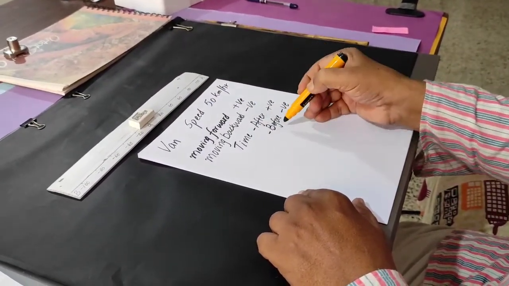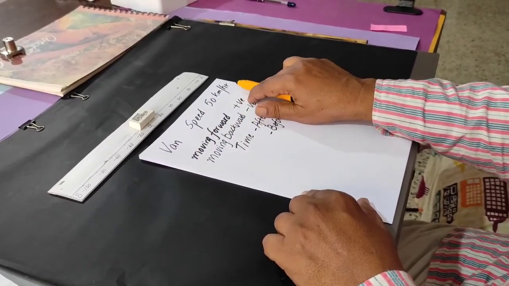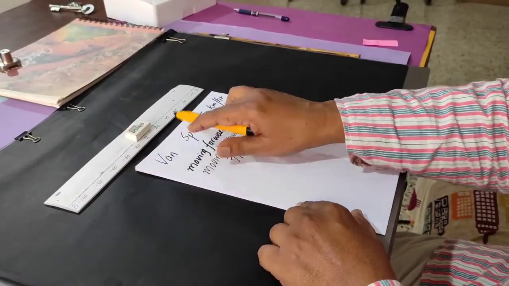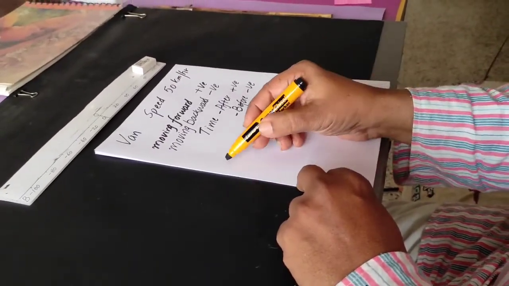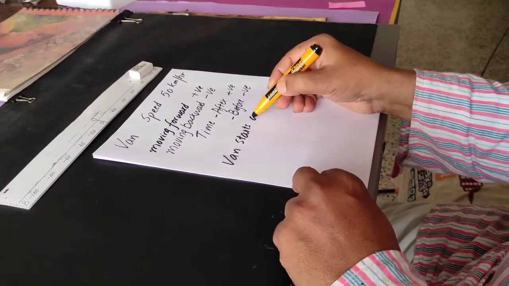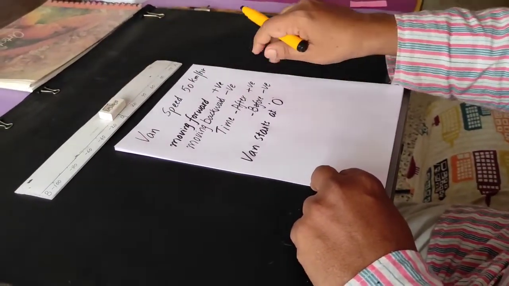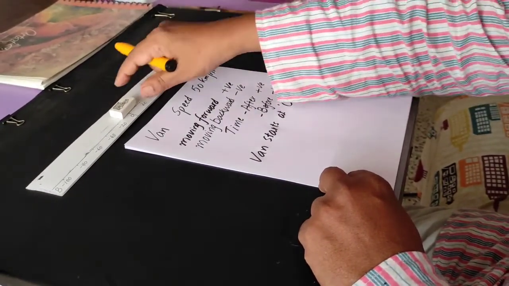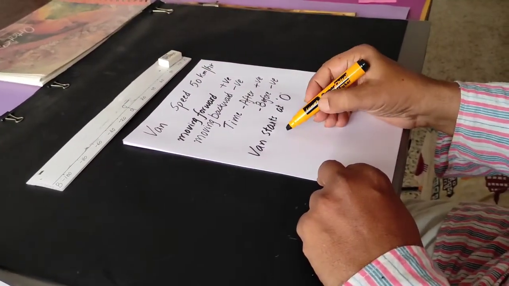Now let us see with these rules, and also the van which is speeding at 50 kilometers per hour on this highway from B to A and A to B. What does it mean? Let us play with it. The van starts at 0. It is moving at the speed of 50 kilometers per hour. After 2 hours, once it starts moving, where will it be?